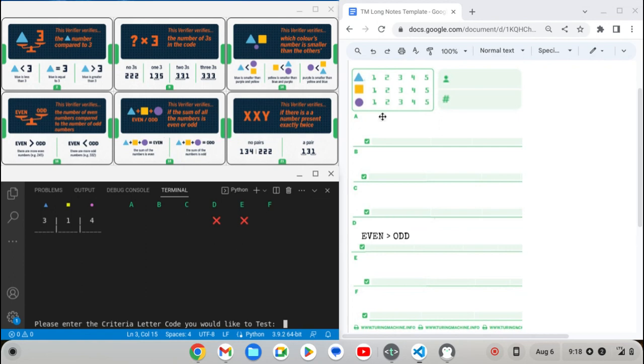So let's go type that up in section E. And again, that's that triangle plus square plus circle should be an odd quantity.